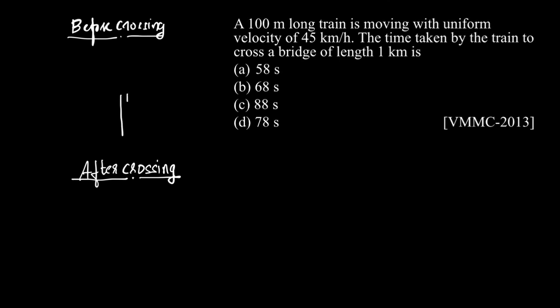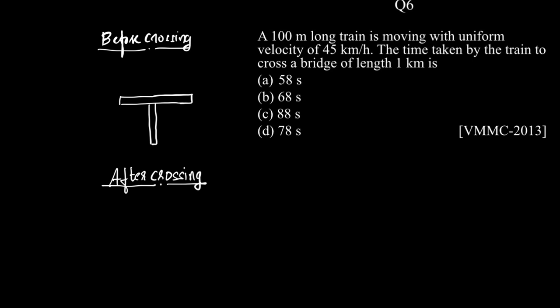So let us say this is the bridge, okay, and this is the road or the rail. This is the rail.